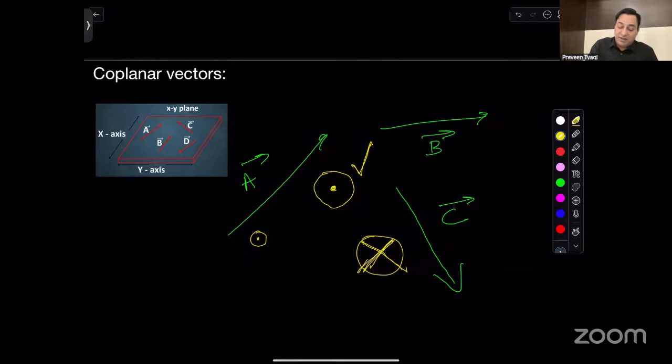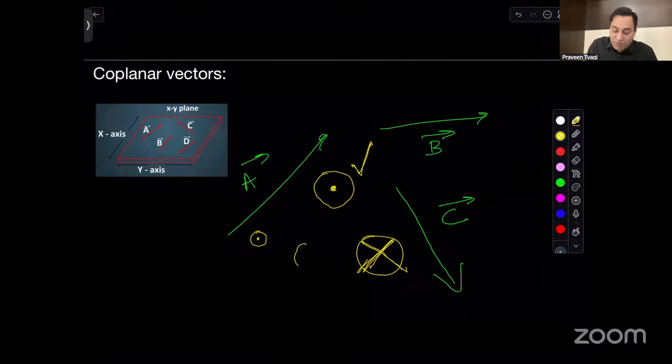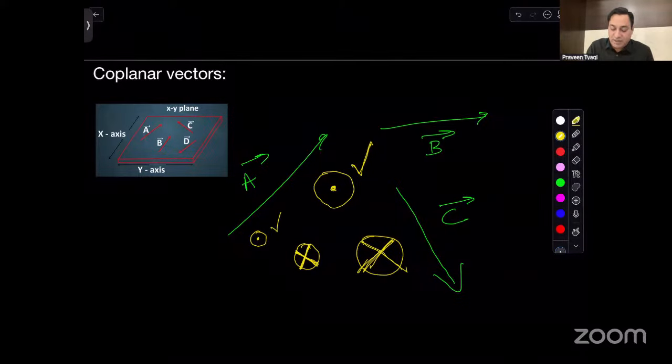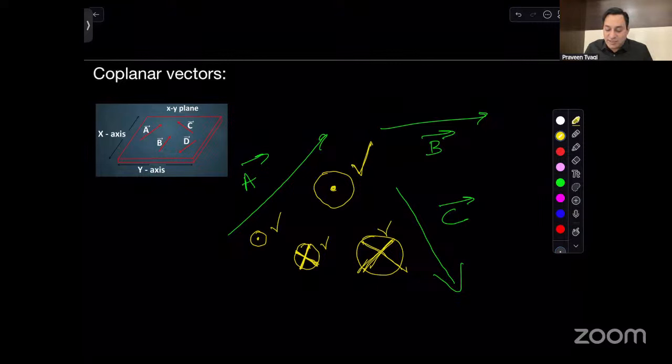And if an arrow is going into the plane, then you are looking at the arrow from behind, and this is how you draw it, a cross, into the plane of the board. So these are not going to be in the same plane as A, B, and C are. So coplanar vectors are in the same plane, and vectors which are not in the same plane can be represented this way.